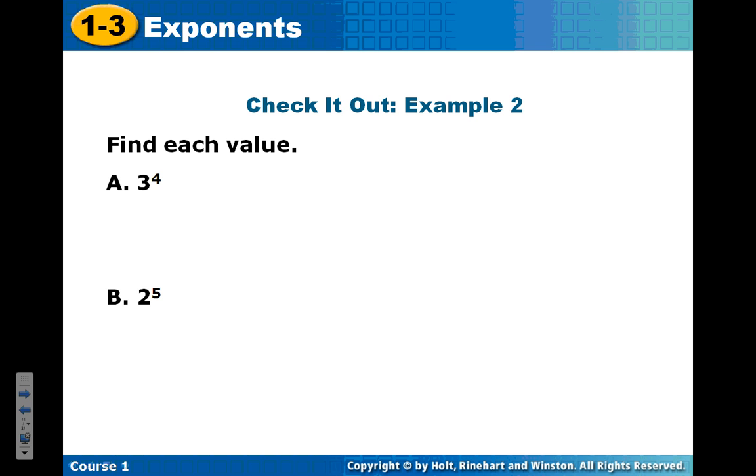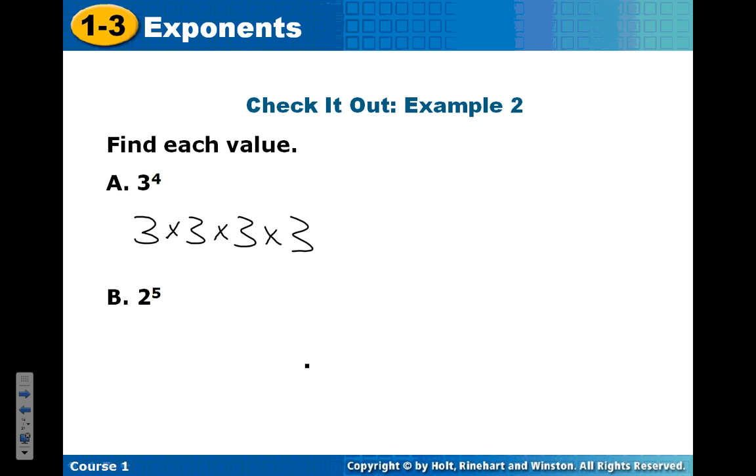Next problem. Find each value. So it's the same thing as before. What do we have to multiply together to find the value of this problem? 3 times 3 times 3 times 3. Now let me show you guys something.